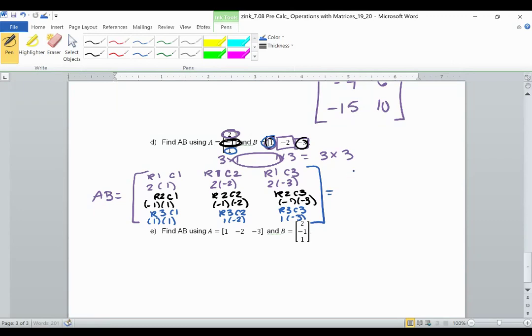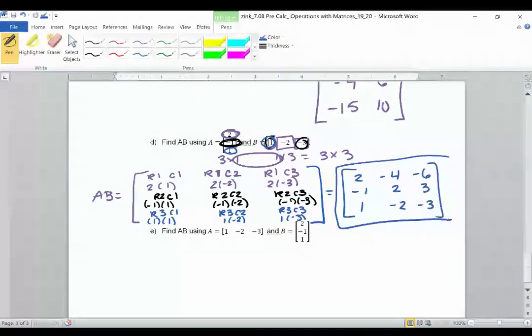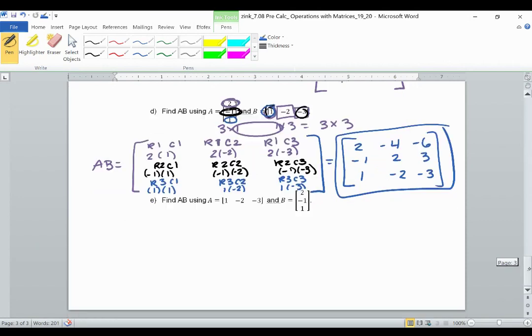And now let's write that out a little nicer and shorter. So 2 times 1 is 2, negative 4, negative 6, negative 1, positive 2, positive 3, 1, negative 2, negative 3. And once again, check it in your calculator.